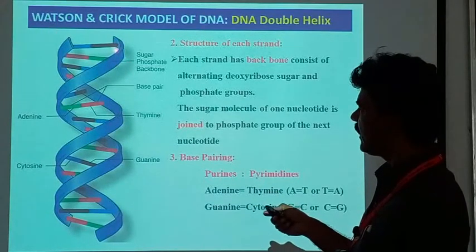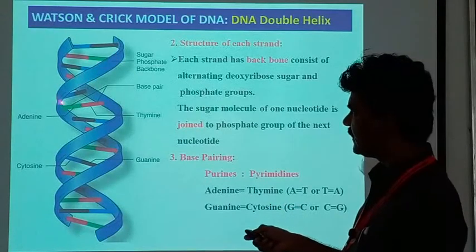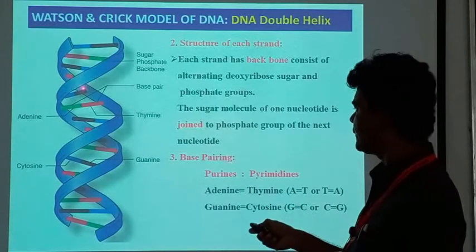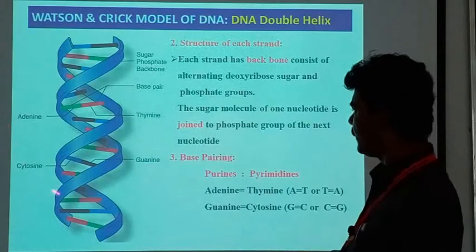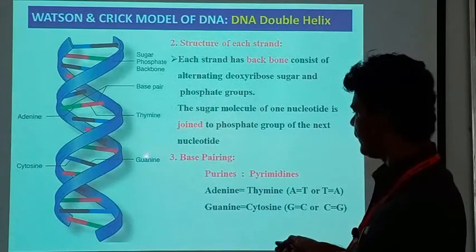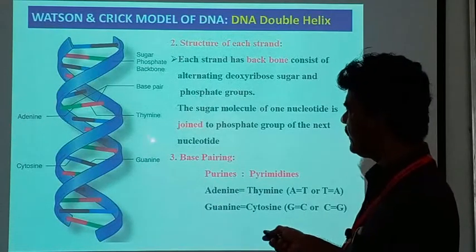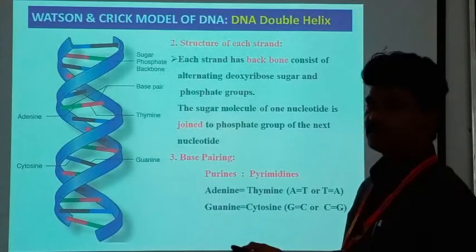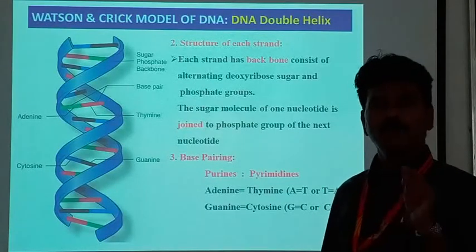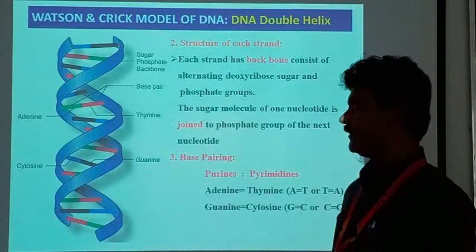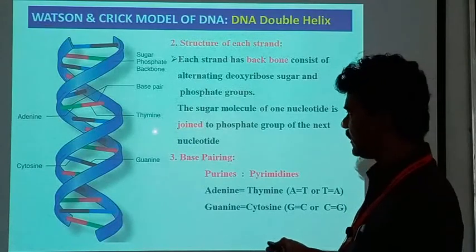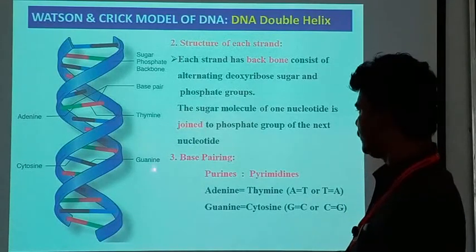The sugar molecules are joined with each other by phosphate bonds, and therefore they result in pairing of purines and pyrimidines. So there is a pairing between a purine and a pyrimidine. Means adenine to thymine, cytosine to guanine.